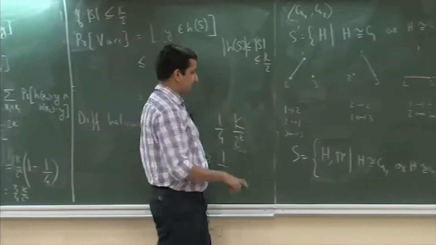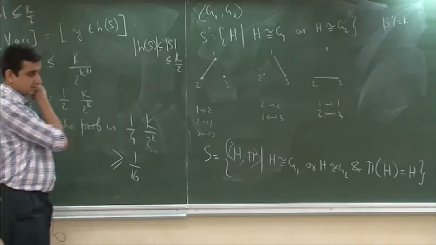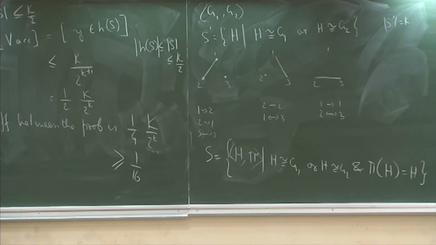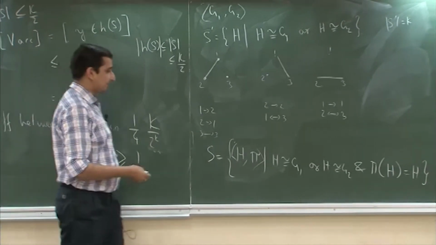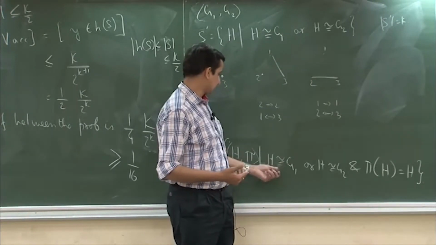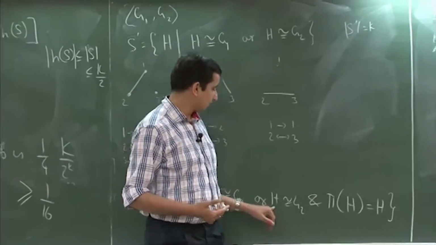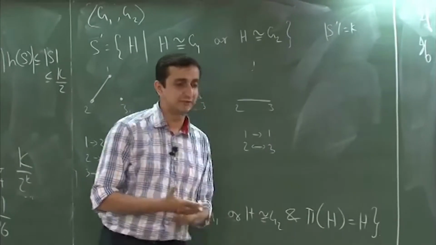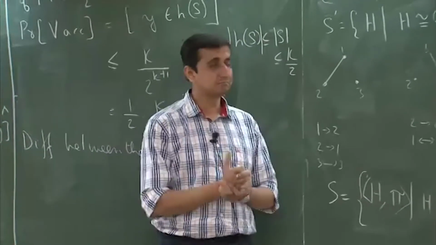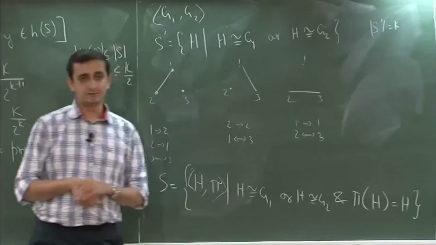Now suppose it gets a pair H comma pi. How does it decide whether it belongs to the set S or not? Together with H comma pi, the certificate given is either a permutation from H to G1, or a map from H to G2. Together with that map, this is very easy to check.